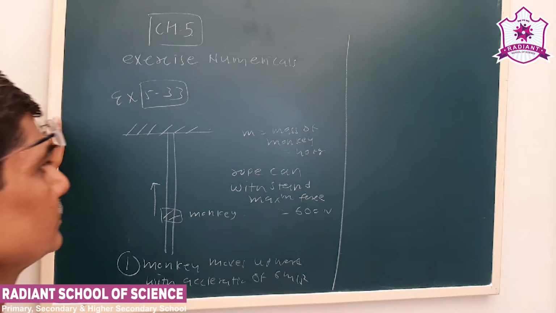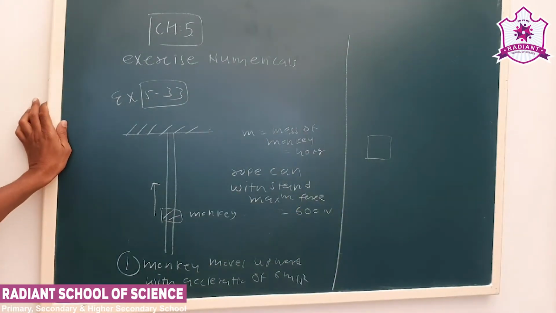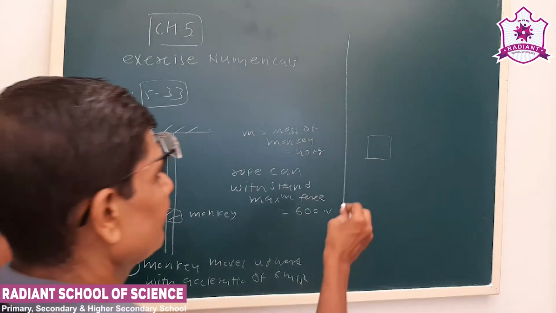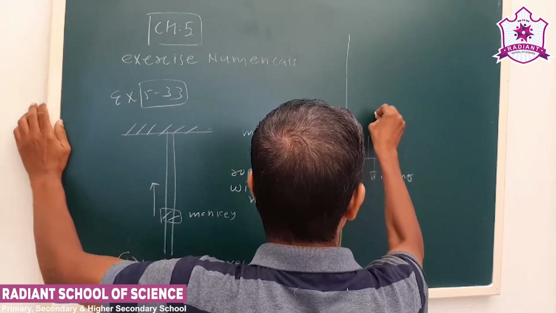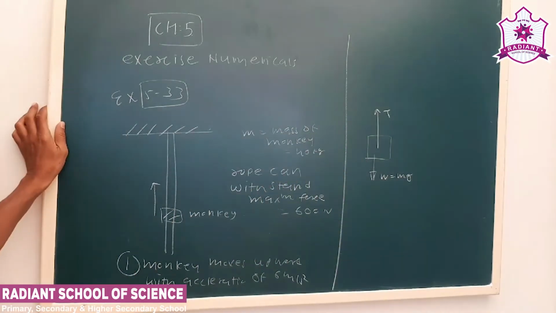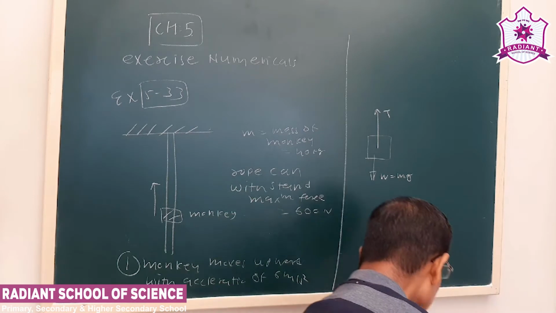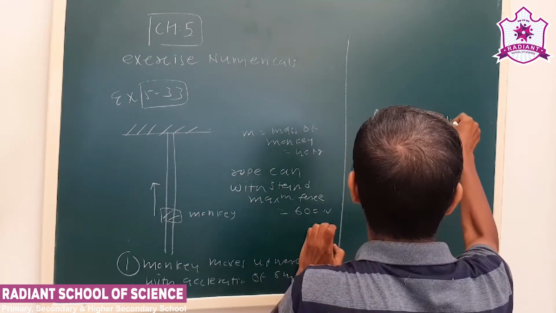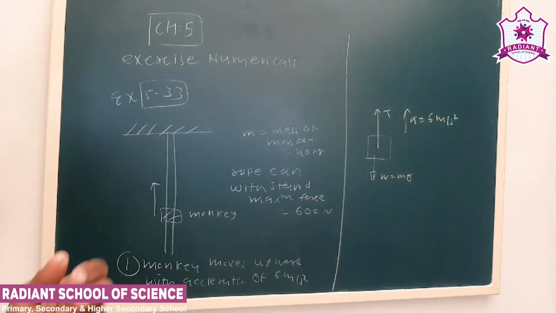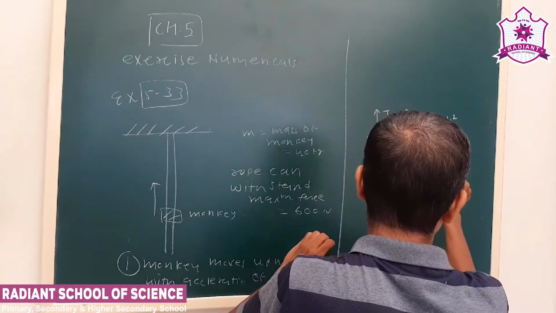Now here consider the free body diagram. The weight of the monkey is acting downward, and let us say that T is the tension. The monkey moves upward with an acceleration, now this is the case of a pseudo acceleration, so AP.